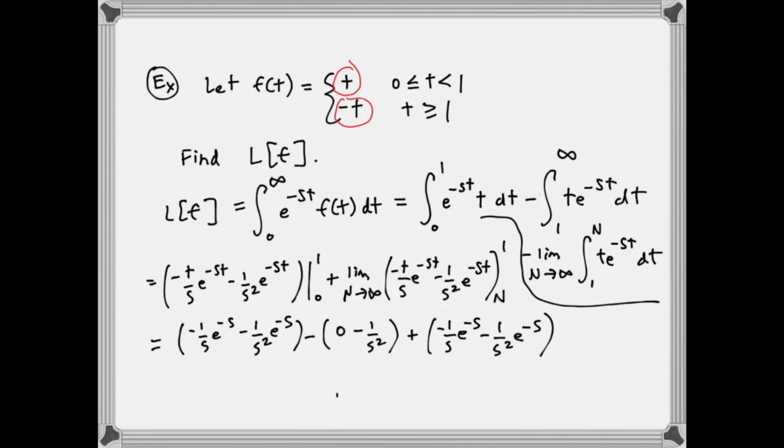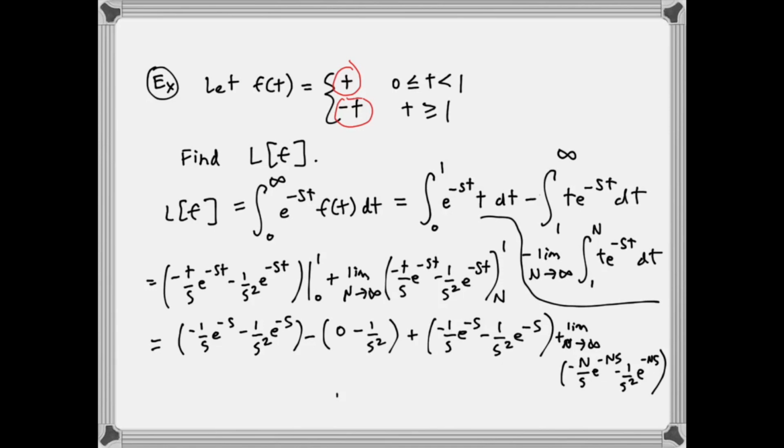And then finally, if I plug in n, I end up with, let me write it over here, plus the limit as n goes to infinity of negative n over s e to the negative ns minus 1 over s squared e to the negative ns.